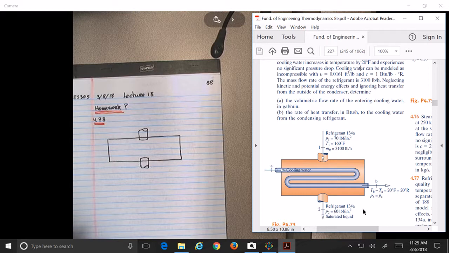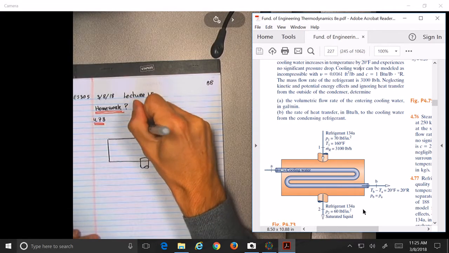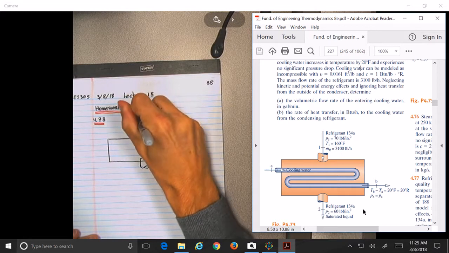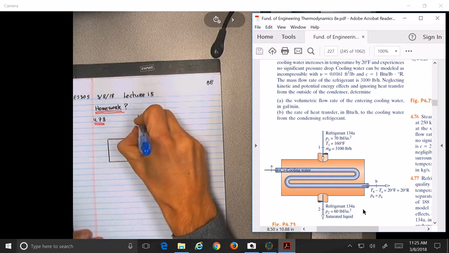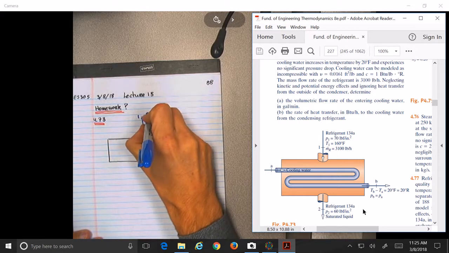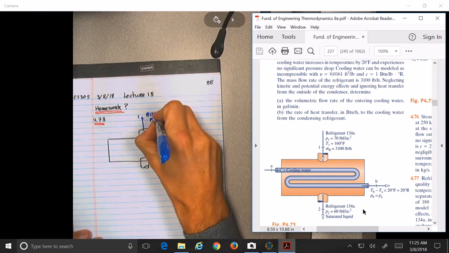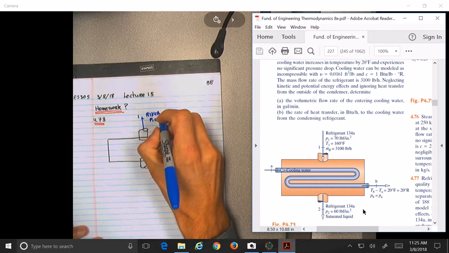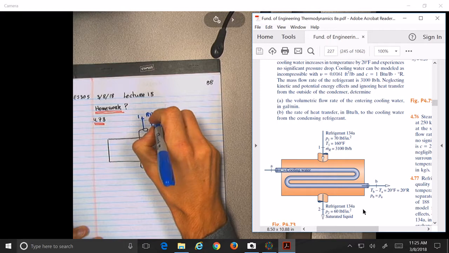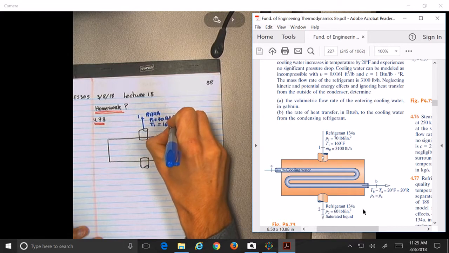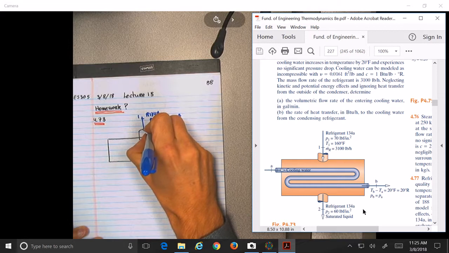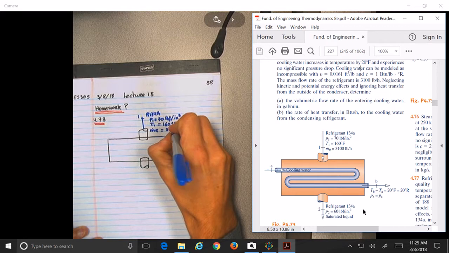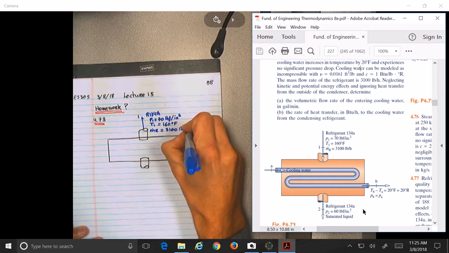So it looks like there is refrigerant R134A going into the pipe here at point 1, and we know that P1 is equal to 70 lbf per square inch, T1 equal to 160 degrees Fahrenheit, and the mass flow rate of the refrigerant, m sub R, is 3,100 pounds per hour.